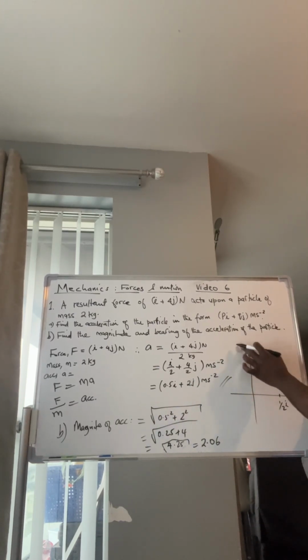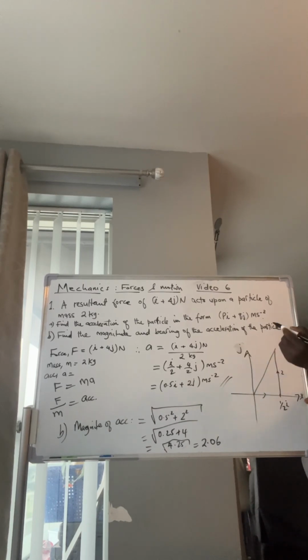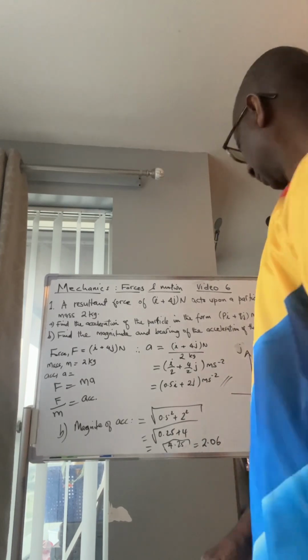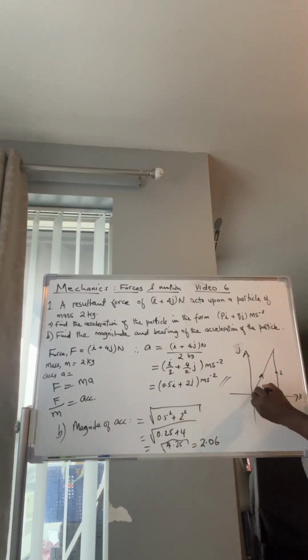So it goes up 2, then we join it from here. This is what you get in vector form, and the angle the vector makes with the I component, theta, put it here.